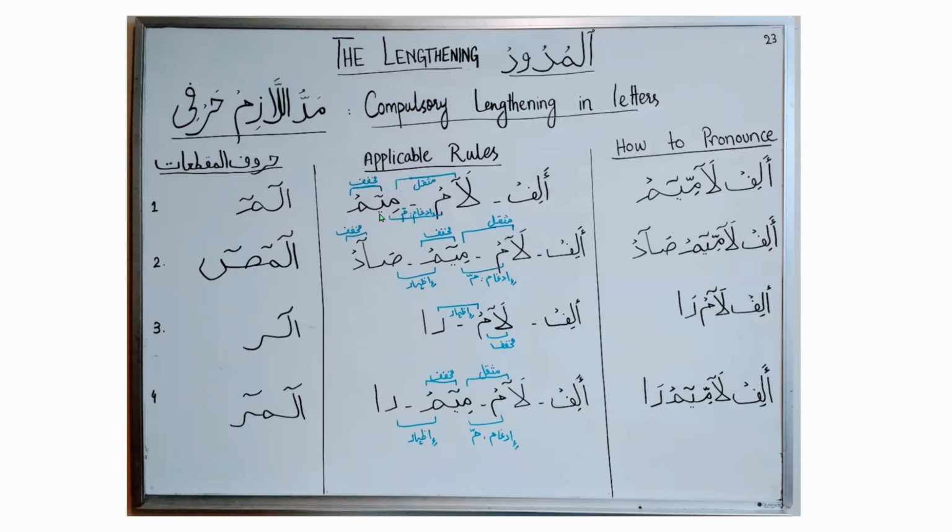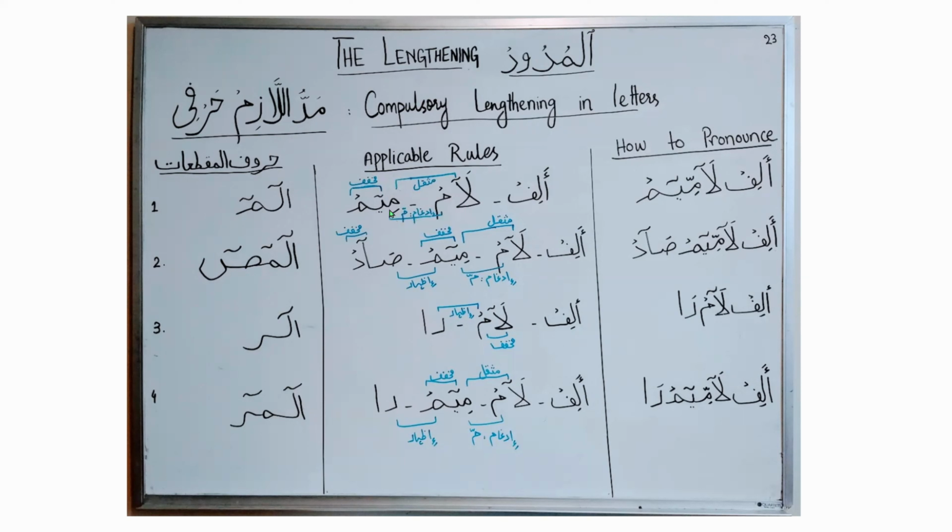Idgham al-Shafawi is happening here, where a sakin meem is followed by a voweled meem. So when I put a shadda here, I can see that alif mad is followed by a shadda letter. Because these are Huruful Muqatta'aat, I will call this mad Madd-ul-Lazim Harfi Musaqqal.